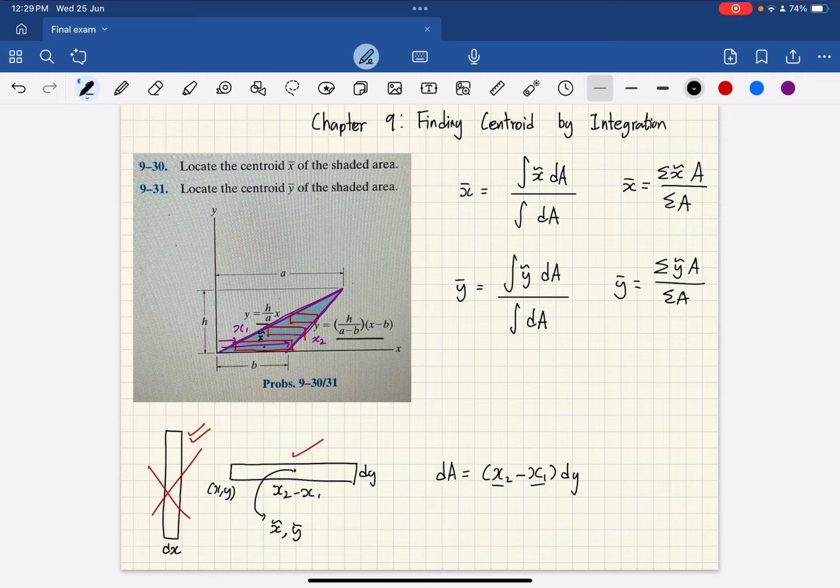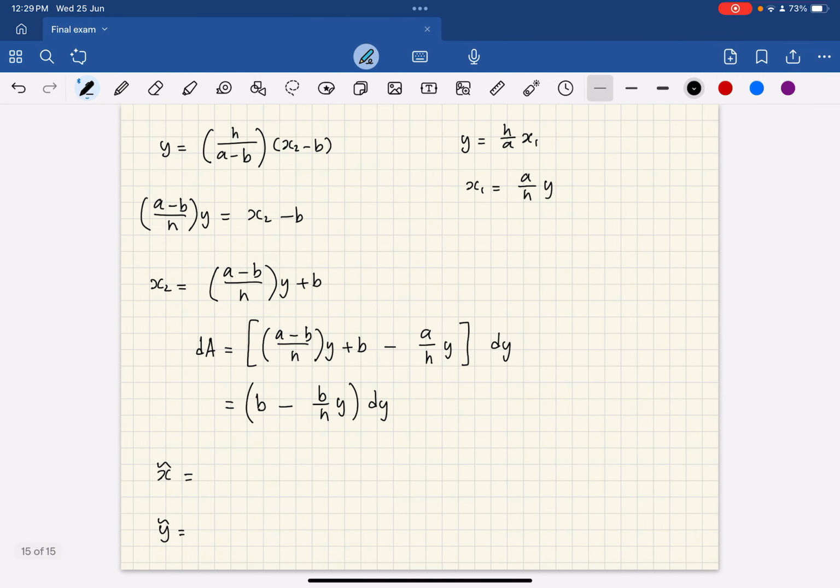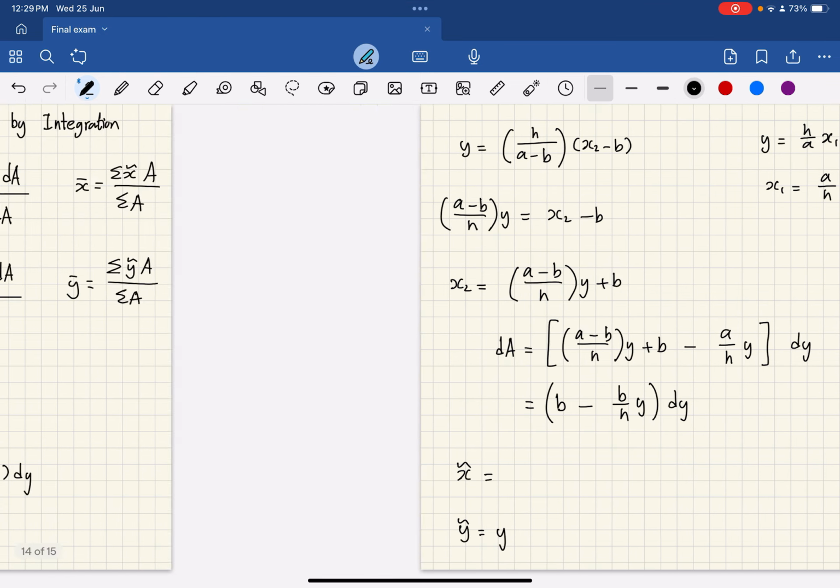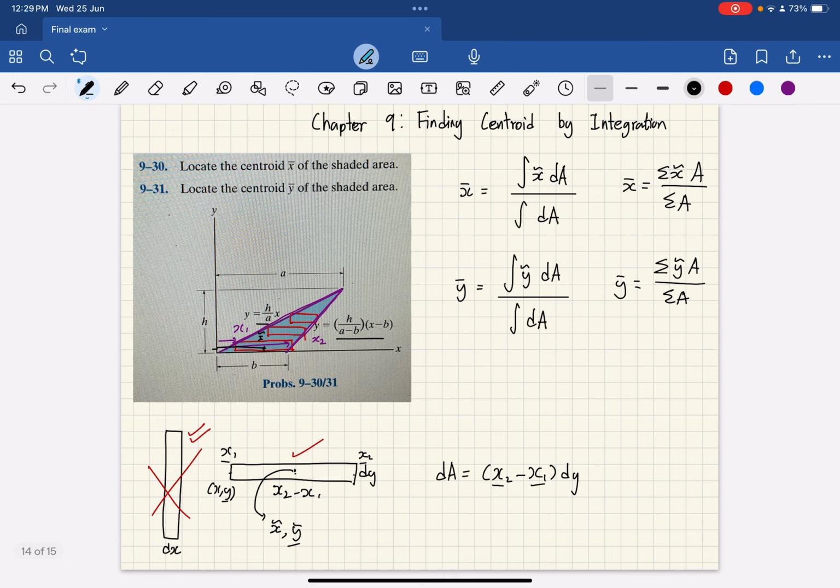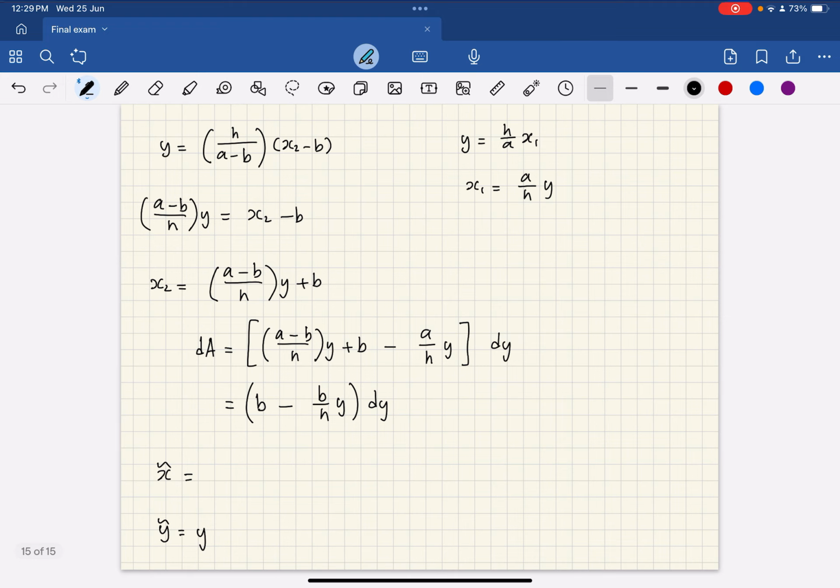Our x tilde is actually in the half of x2 and x1, it's between x2 and x1. Whereas our y tilde, which is referring to the position in the y coordinate, is the same as normal y. So y tilde is y because of the same position, whereas your x tilde is basically between x2 and x1. So it's just x2 plus x1 over 2.